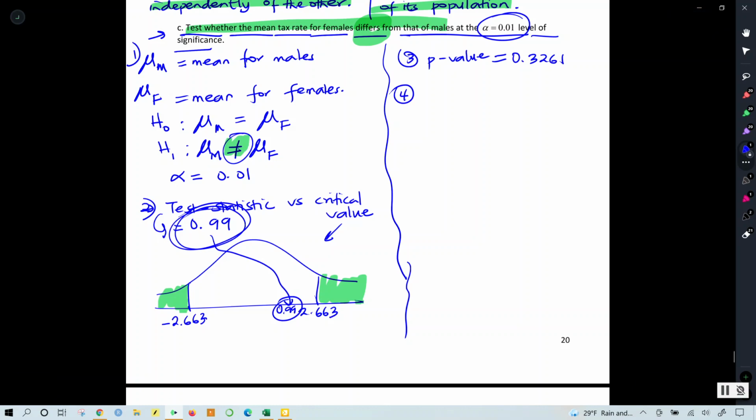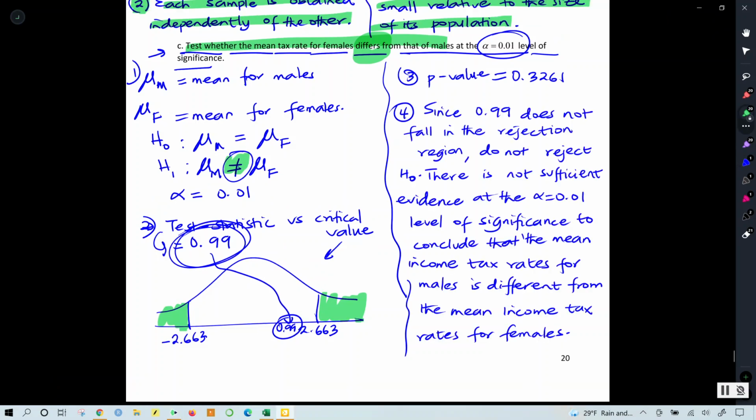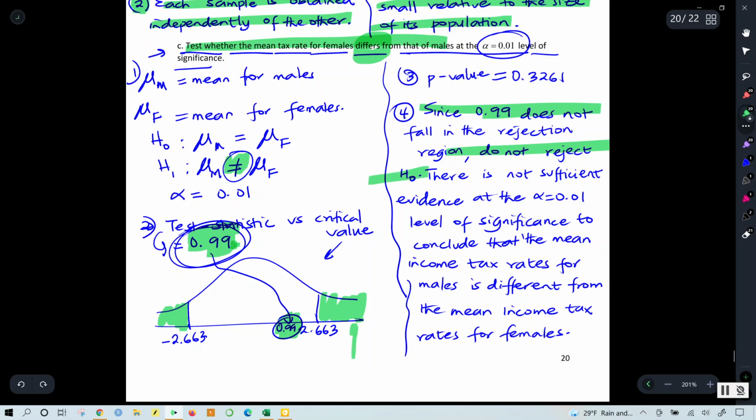So we are not going to reject the null hypothesis. So again, to emphasize, since 0.99 does not fall in the shaded rejection region, rather it falls outside, we do not reject the null hypothesis.